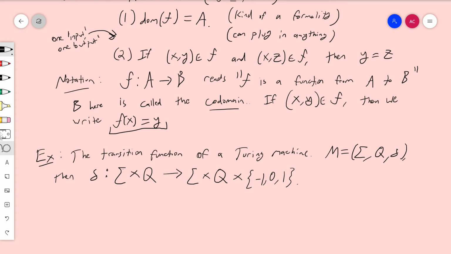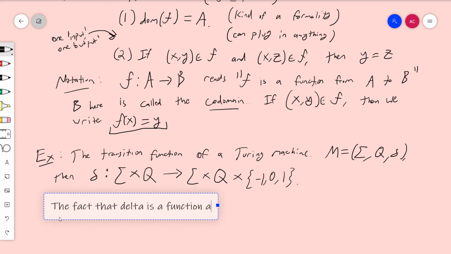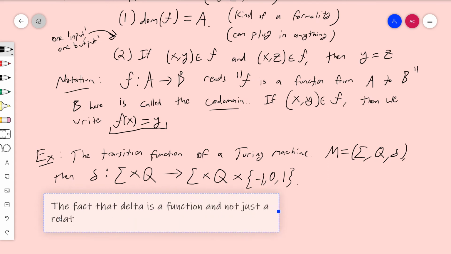So let me write that down. The fact that delta is a function and not just a relation is what makes the behavior of M deterministic.